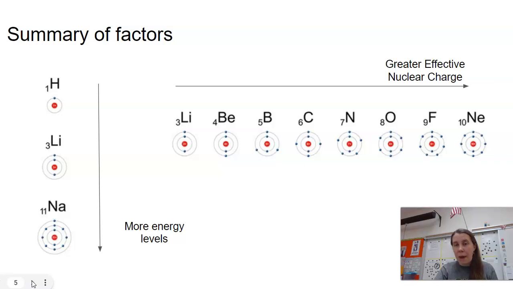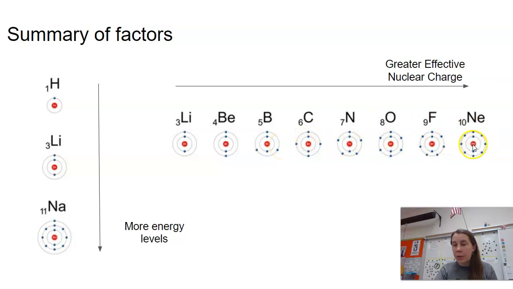So let's talk about what that means in terms of our trends. In the last lesson, we talked about effective nuclear charge, and you saw that as we move across a row or a period, the effective nuclear charge goes up. And that is because in this row here, our core electrons remain 2 the whole way across, right?